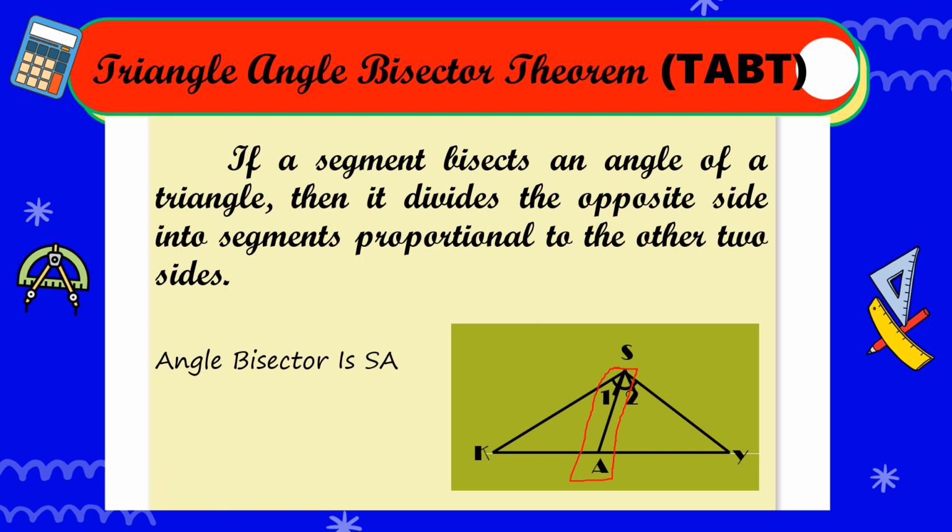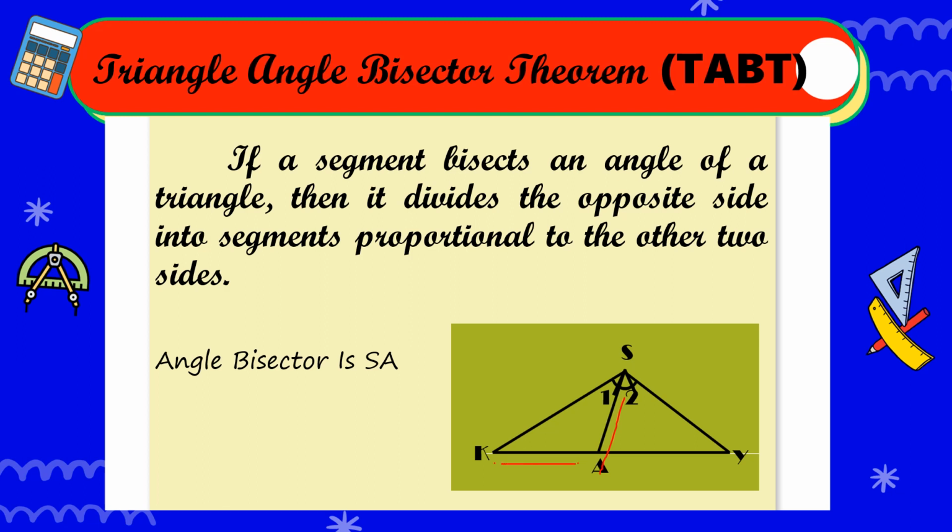If this one is your angle bisector, then the segments will be proportional segments.